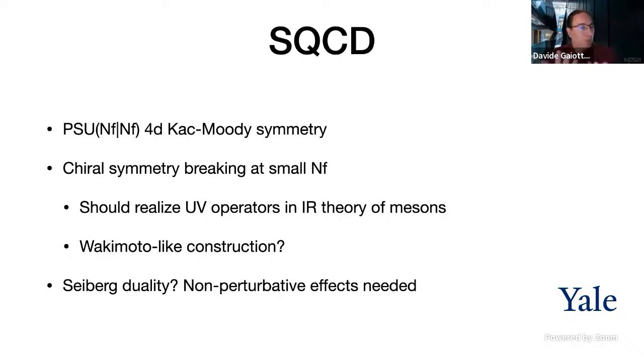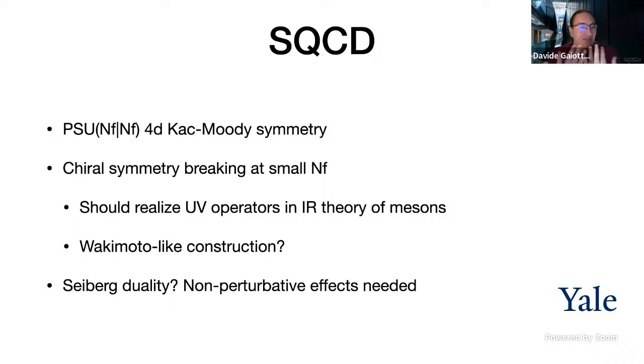And what do we know about SQCD? One thing that we expect to happen at small NF, at least, is chiral symmetry breaking, meaning that the SU(NF) times SU(NF) symmetry of the UV theory should be spontaneously broken in the infrared. Some local operators called mesons, which are bilinear in fundamentals and anti-fundamentals, are supposed to get an expectation value breaking this global symmetry.